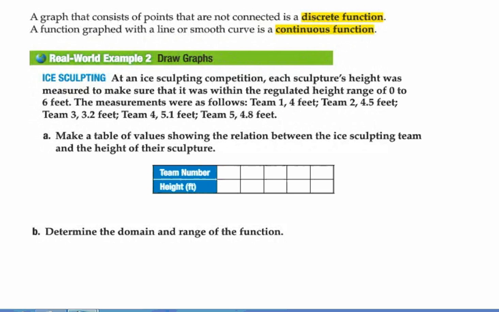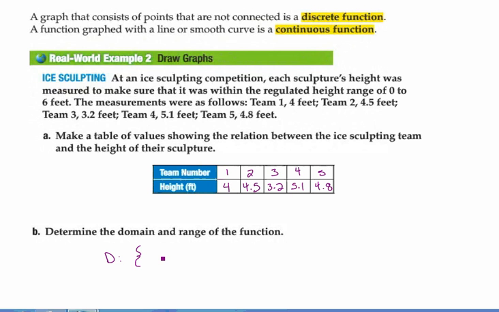So again, we want to see this relationship between Team 1 of having 4 feet, Team 2 of 4.5, and so on. 3 as 3.2. Remember, these are all relations, that these numbers are related to each other. Okay, now we're supposed to determine the domain and range of the function, and this is just a review of what we did last section.